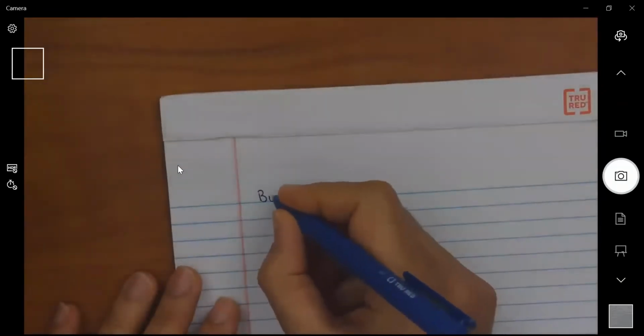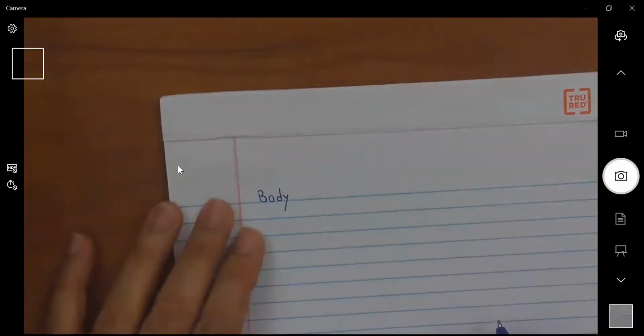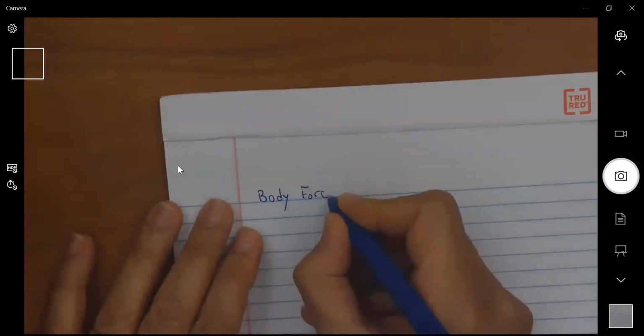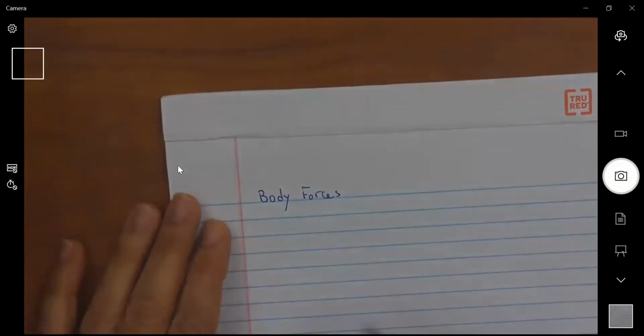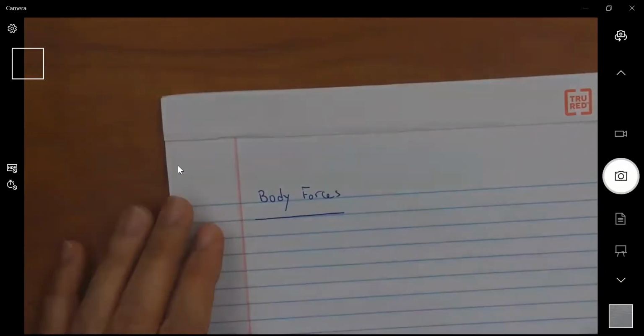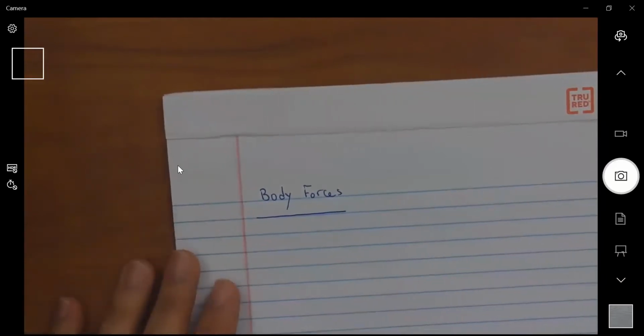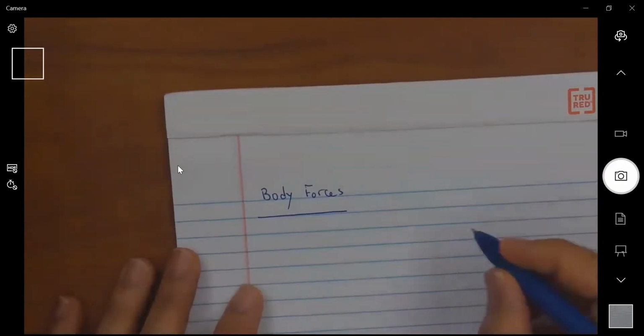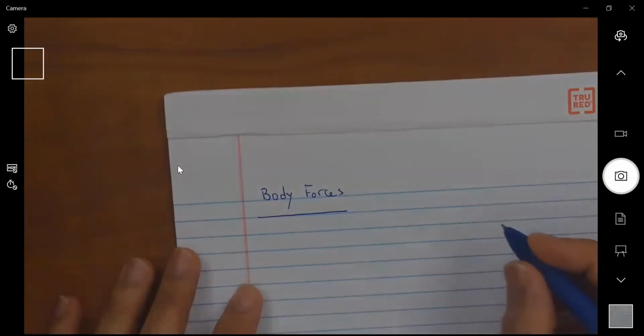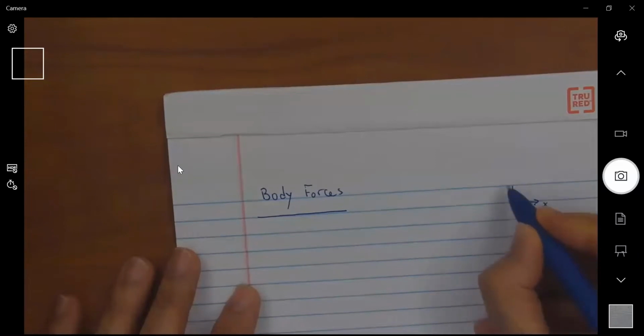Next, we want to find how to deal with body forces. Body forces are like gravity, gravitational acceleration. When I'm looking at a triangular element, we are working in the XY plane.